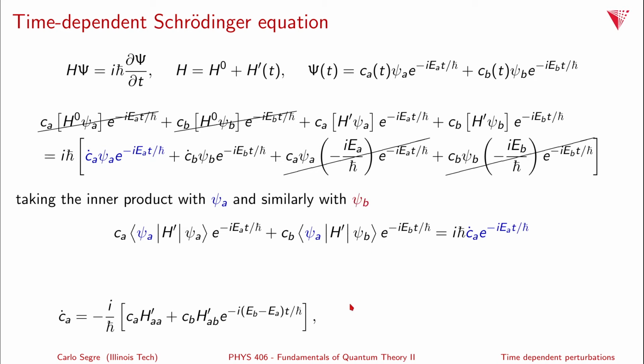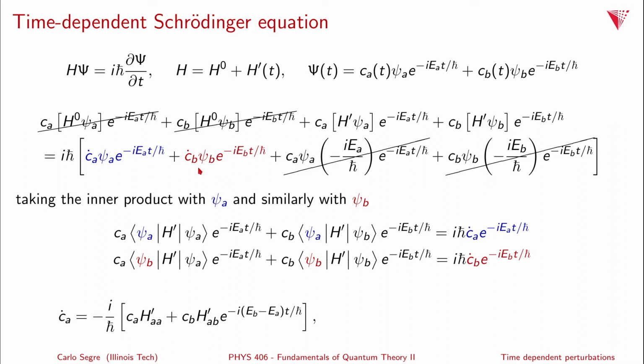Similarly, if we close the inner product with ψb, we get two terms again. Ca ψb H' ψa times e to the minus i Ea t over ħ. And then you have Cb ψb H' ψb e to the minus i Eb t over ħ. And now the term that survives is the one here in red with ψb. So we have iħ Cb dot e to the minus i Eb t over ħ.